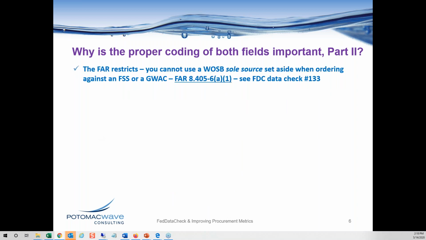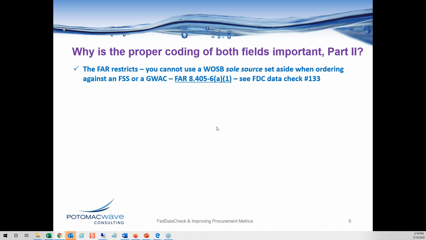Okay, so now let's see why it's important to fill in that emergency acquisition field in addition to the NIA code. Here was my thinking on that. The FAR puts a lot of restrictions on what COs and CSs can and cannot do when it comes to acquiring goods and services.